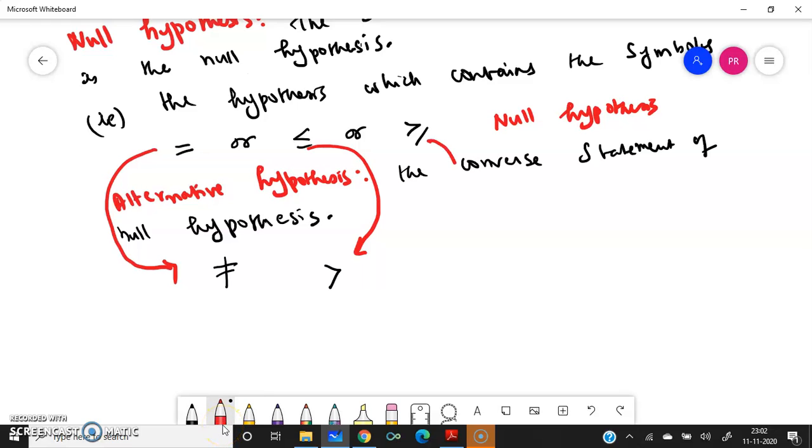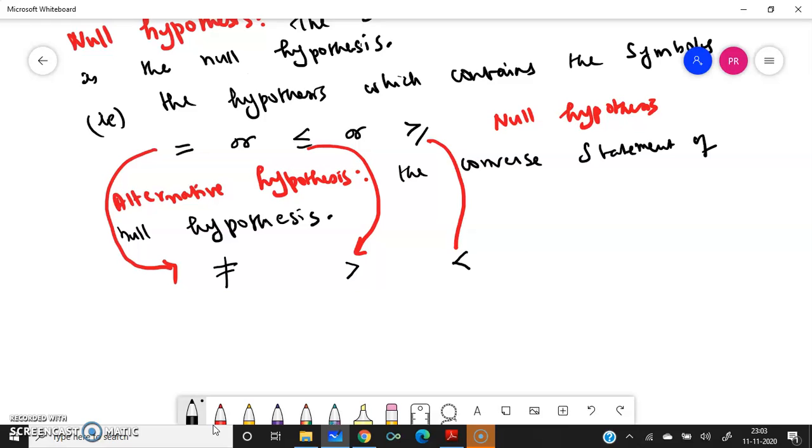The converse of greater than or equal to will be less than symbol, right? And this will be greater than symbol. So these two converse, this is null hypothesis, this is alternative hypothesis, right?